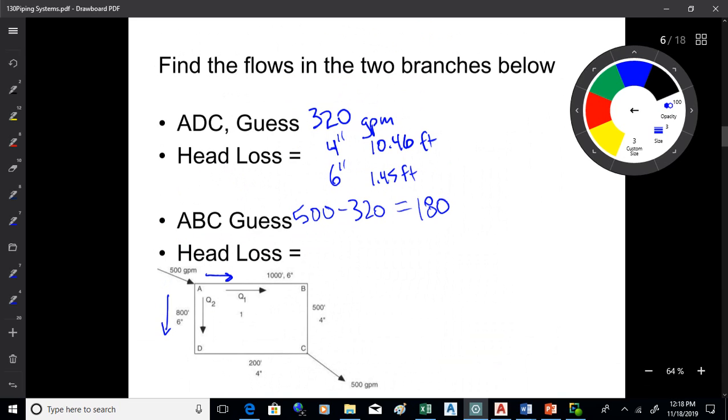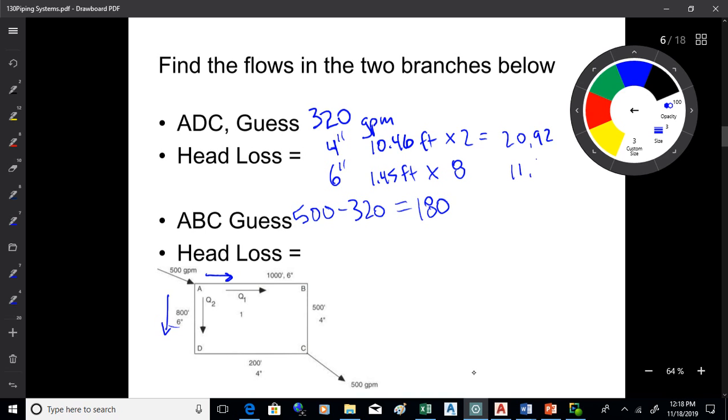Okay, so 6-inch pipe, we've got 800 feet of it, right? So 8 100-foot lengths. 4-inch pipe, we've got 200 feet, so 2 100-foot lengths. It's 20.92. 8 times 1.45 is 11.6, because that's the lengths of the pipe.